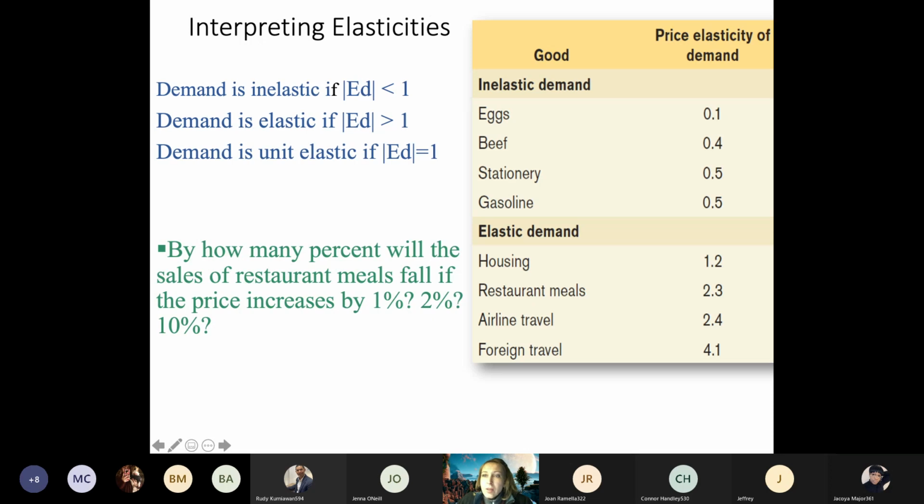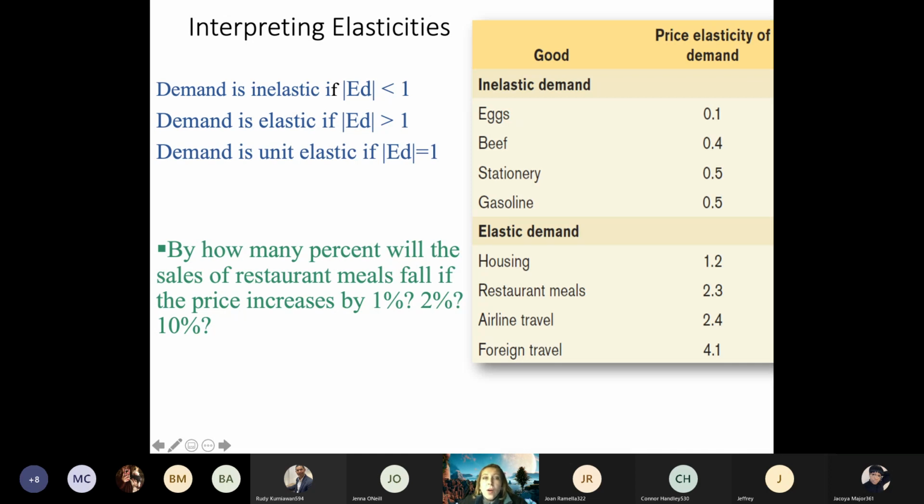And it's also true if the price increases by 10%, sales drop by only 1% in case of eggs. So that's what knowing the elasticity allows us to tell. By how many percent will the sales of a good fall if the price increases by 1% or by 2% or by 10% or by any other amount of percent.